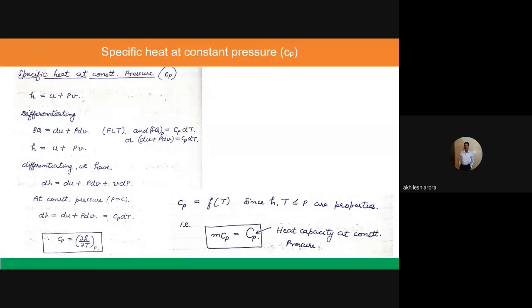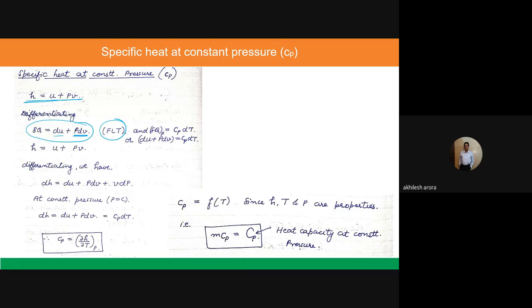Now we can discuss specific heat at constant pressure. So what I have written here is, once again, small h is equal to U plus PV. And from the first law of thermodynamics, I can write this equation, delta Q is equal to dU plus PdV.